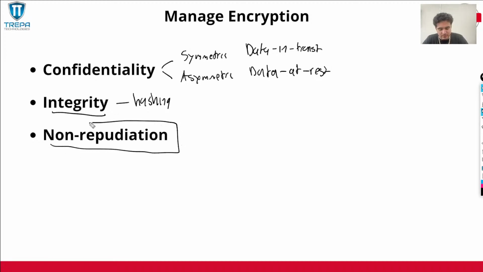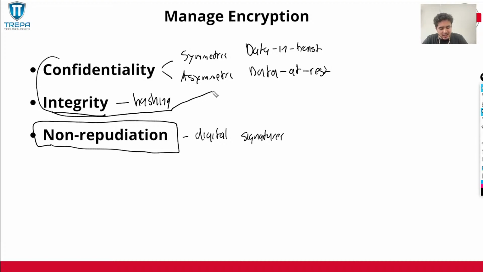Non-repudiation. This is kind of like verification, where if I'm the sender and I attach a digital signature, I'm able to decode that digital signature in our PKI environment, public key infrastructure, and that lets me verify that the sender actually sent me this and it's not spam. So for non-repudiation, we use things like digital signatures.